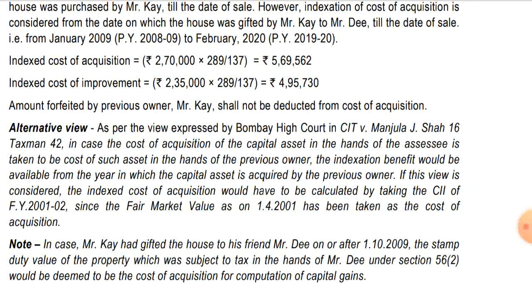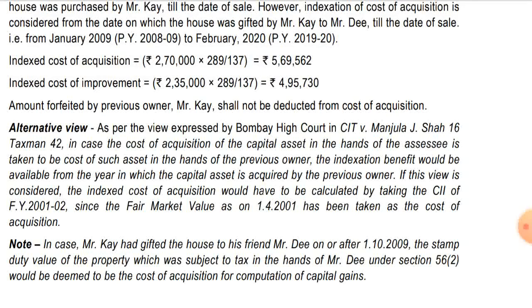If this view is considered, the index cost of acquisition would have to be calculated by taking the cost inflation index of the financial year 2001-02, since the fair market value as on 1st April 2001 has to be taken as cost of acquisition. Note: in case Mr. K has gifted the house to his friend Mr. D on or after 1st October 2009, the stamp duty value of the property which was subject to tax in the hands of Mr. D under section 56(2) would be deemed to be the cost of acquisition of Mr.